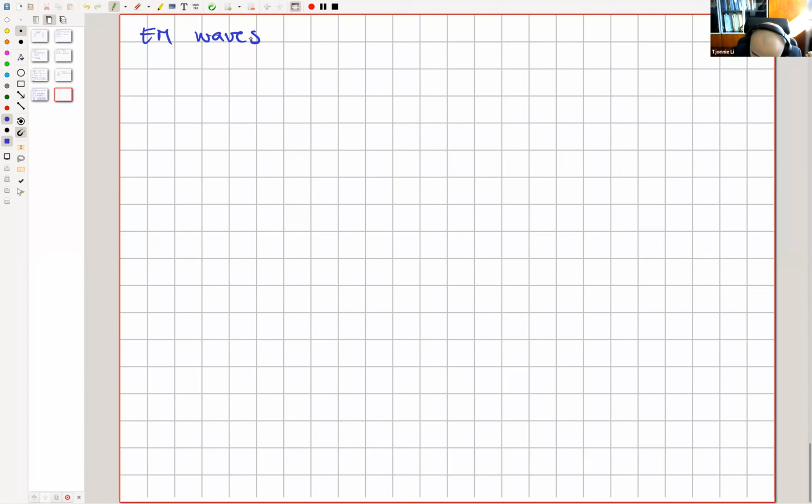So again, remember, in order to specify a field, we need a divergence and the curl. So the divergence of E is just rho over epsilon naught. Divergence of B, 0.